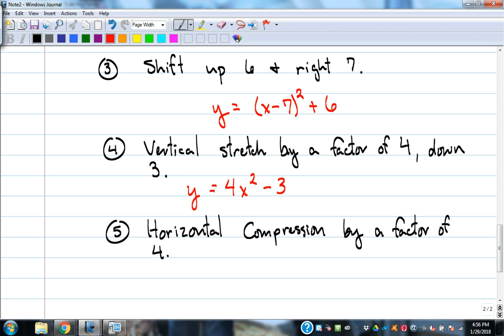Okay, so I'm going to have to have parentheses because I'm doing something horizontally. What goes in there with that? So if we're doing a horizontal compression, we know that the number inside has to be greater than 1, so the factor is 4, so it's going to be 4x inside, and then that's it.